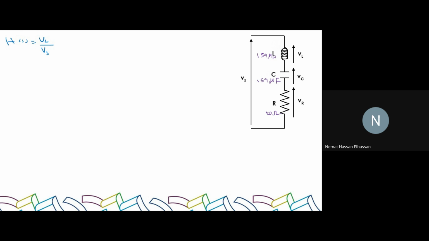We're going to use the voltage divider rule, which means it will be ZL over Z total, right? ZL is LS. Z total is ZL plus ZC plus ZR, so it will be LS plus 1 over CS plus R. Okay?